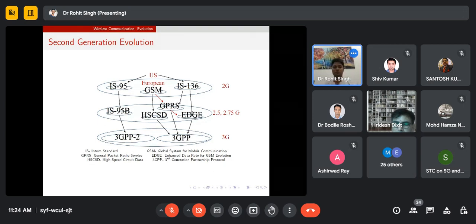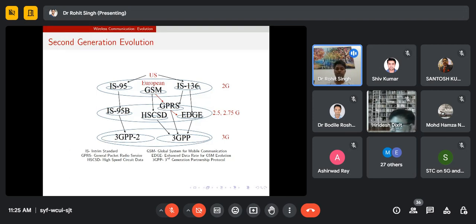For a mobile to be used in any corner of the world, you need to follow the same standards. So some organizations came into the picture, and the most popular of them is 3GPP, or Third Generation Partnership Project. This is an umbrella under which all the standards are formed and frozen, and all nations use those standards.